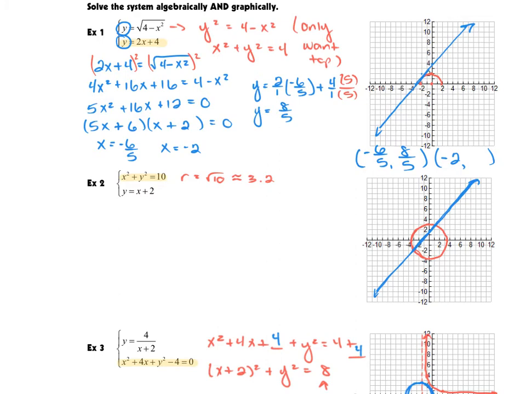So what I can see is that this point has a negative x coordinate and a positive y coordinate, so it makes sense. If this had turned out to be negative and I had a negative x and a negative y, I would recognize that as an extraneous solution. So now I can take a look at my negative 2. So I'm going to say y equals 2 times negative 2 plus 4.